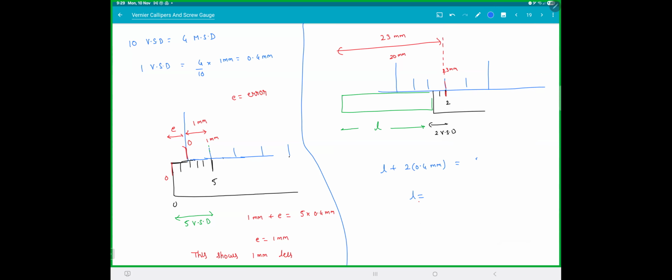The L must be 22.2 mm. But there is an error, right? So the final length will be, it is showing 1 mm less, so we have to add that, 23.2 mm. Clear with this?